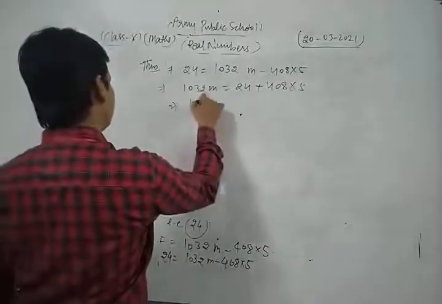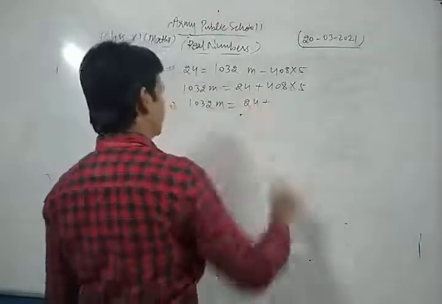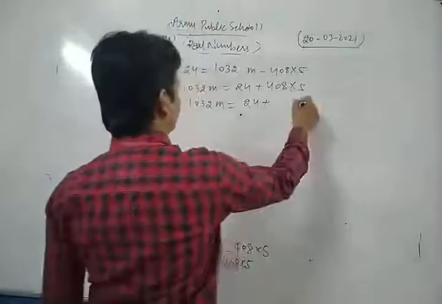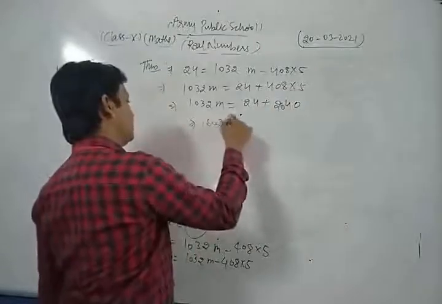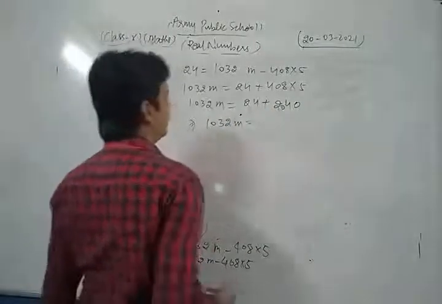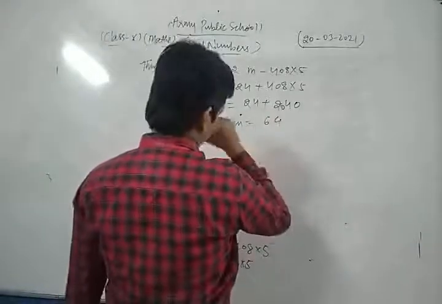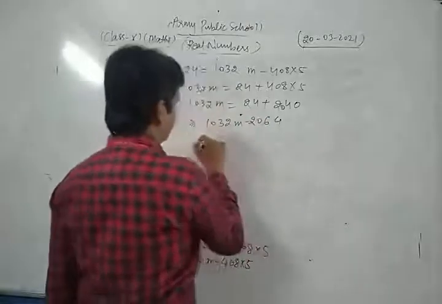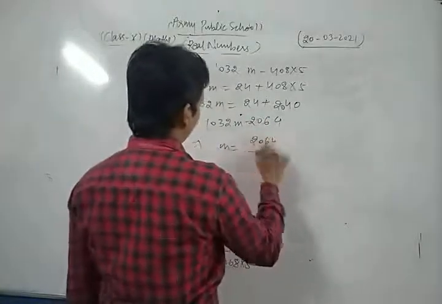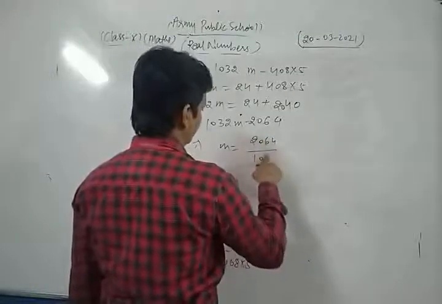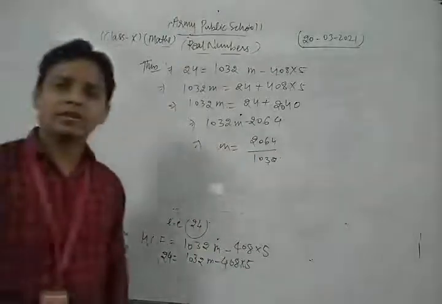Now we multiply, and 1032 m is equal to 2064. Thus the value of m is 2064 divided by 1032.